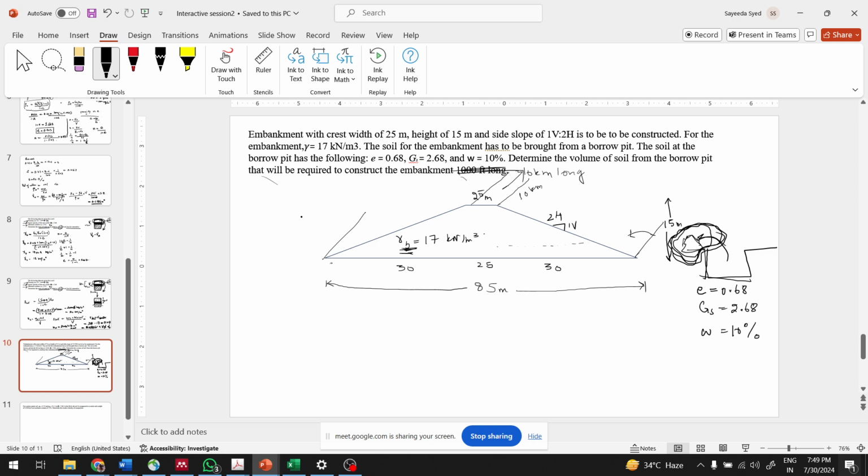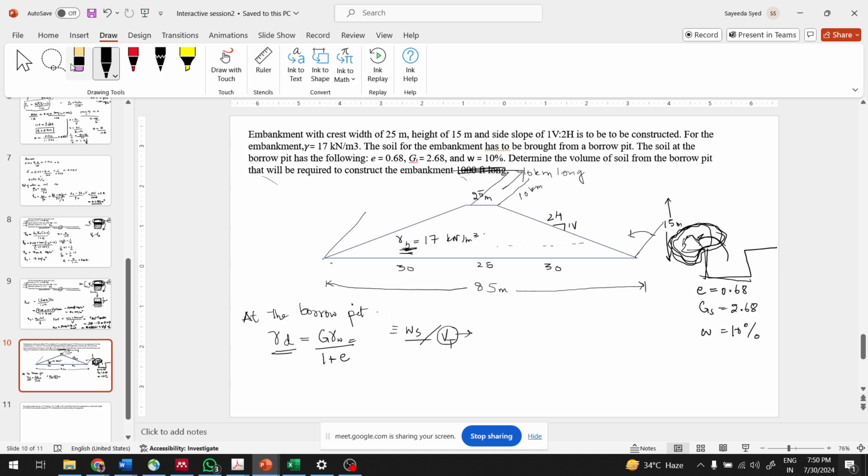first thing we will do is calculate the dry unit weight at the borrow pit from the data that we are given, because this dry unit weight will correspond to our weight of solids, as I mentioned earlier, over volume total.